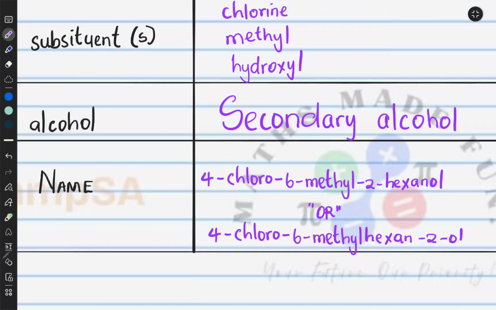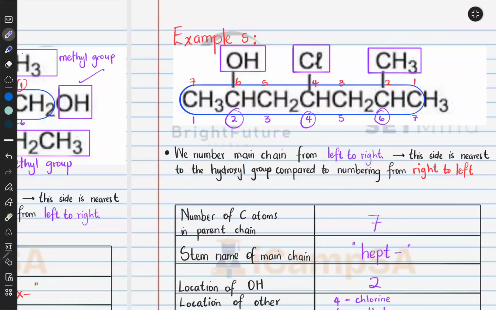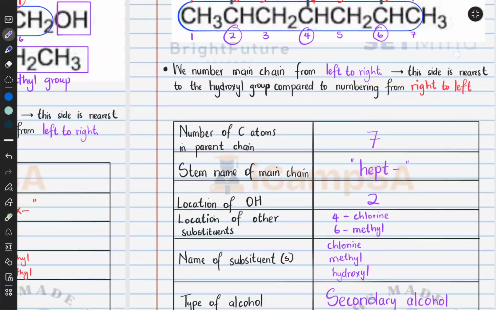So there are 4 ways of naming this one, because instead of chloro you can just write chlorine there as is, right? That's also acceptable. All right, so that's how we would name this alcohol.